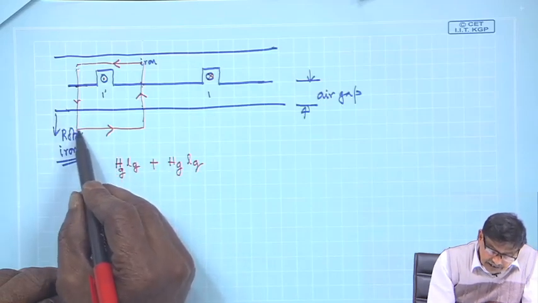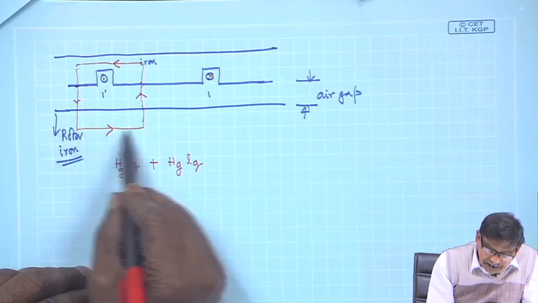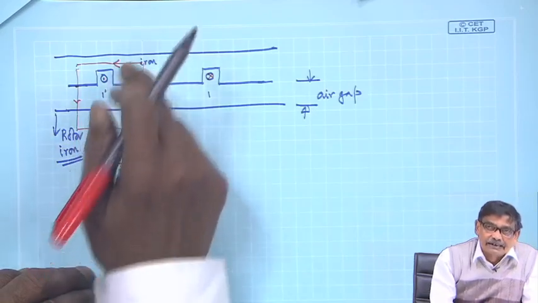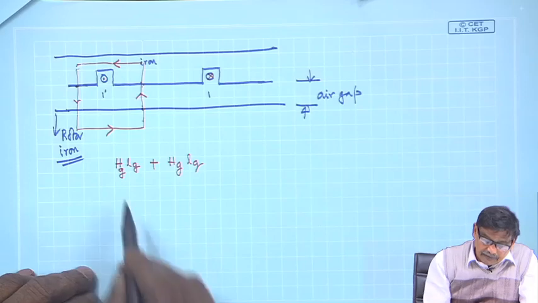plus H iron into L iron up to this, but these two drops are neglected, that is the meaning of that mu r.